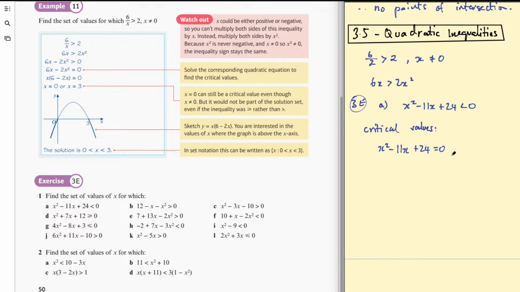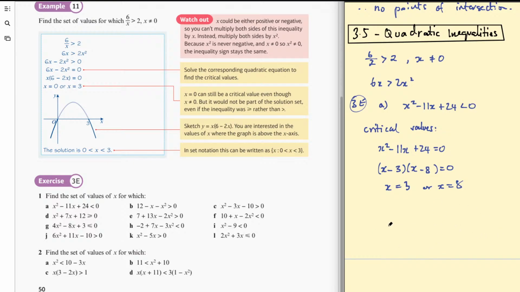Then I solve that quadratic. This can be factorized. Factors of 24 that make 11, 8 and 3. So this could be factorized to x take 3 and x take 8. So the solutions are x equal to 3 or x equal to 8. So again, they're my critical values.